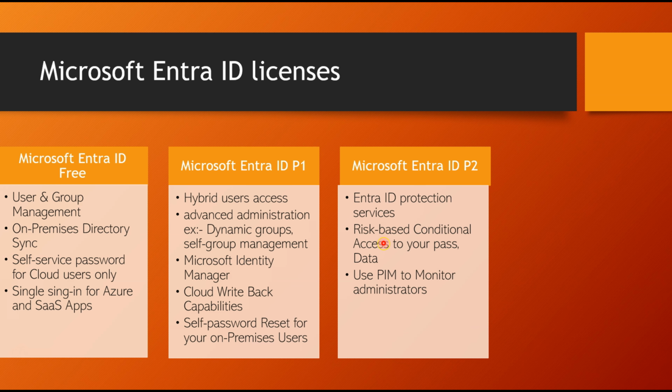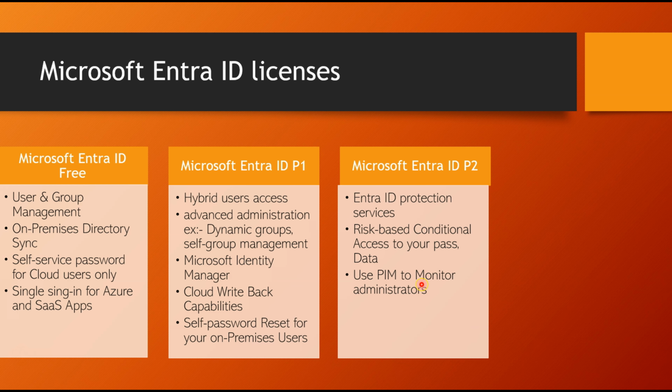And also you could use conditional access for your risk-based sign-in users, so that it would protect the corporate data. And also you could use privileged identity management in order to monitor which admins or specific users are performing what kind of activities, and from when to when they activated their privileged access.